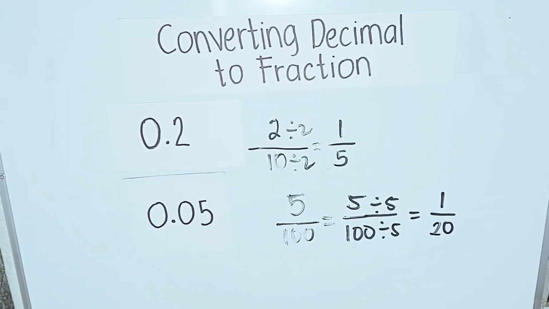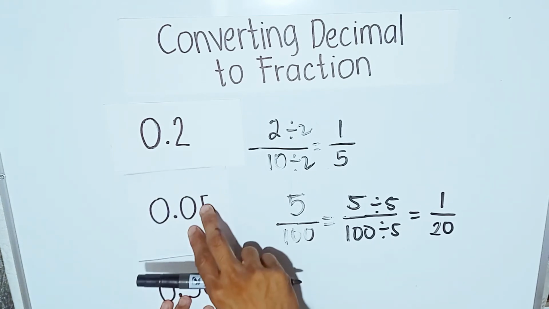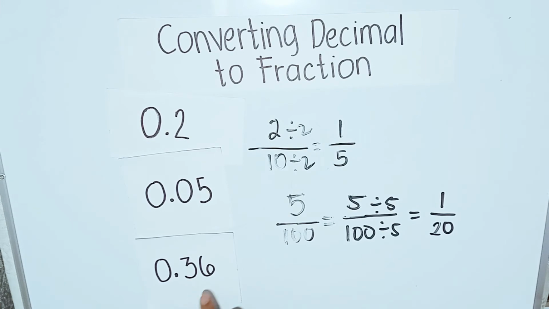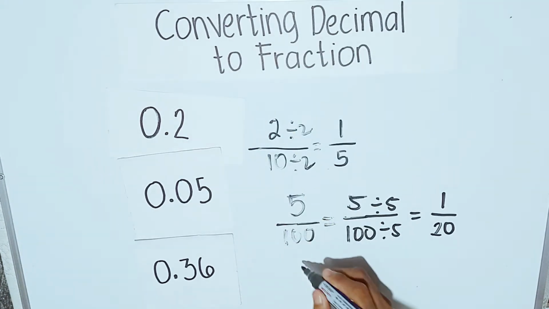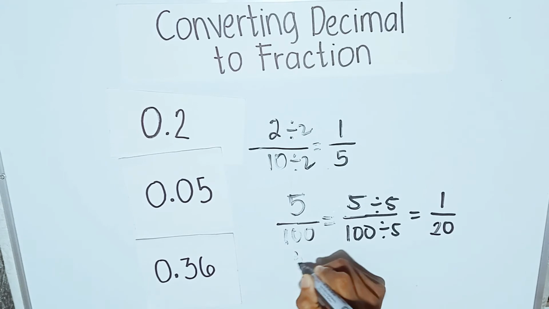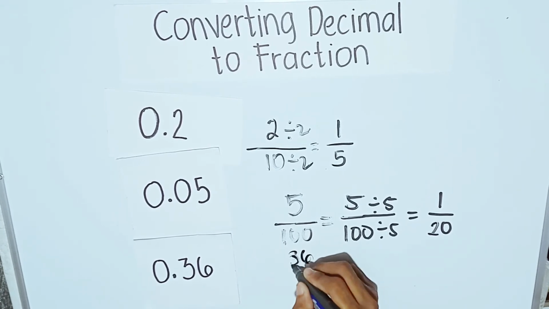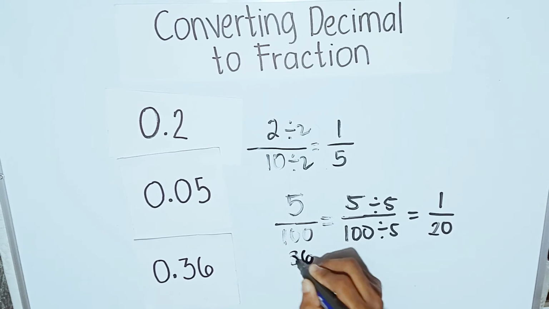Next, how about 0 and 36 hundredths? So, meron na tayo 36 hundredths. So, ang gagawin natin dyan, ano yung number na nakikita natin? Meron tayong number na nakikitang 36. So, yung 36 na yan, gagawin natin yan as our numerator. We have 36 here.